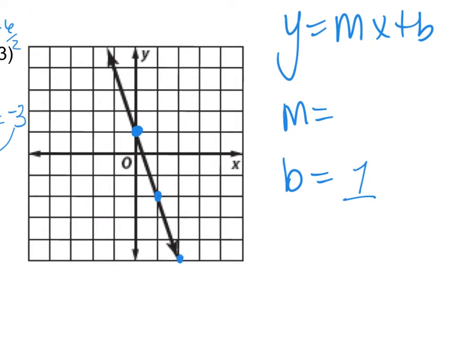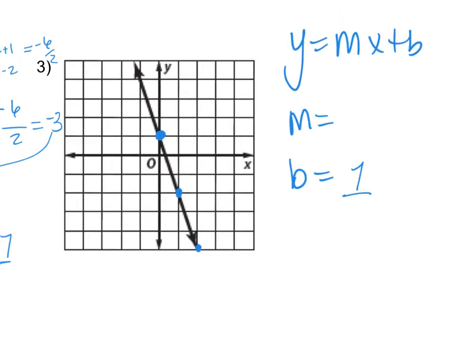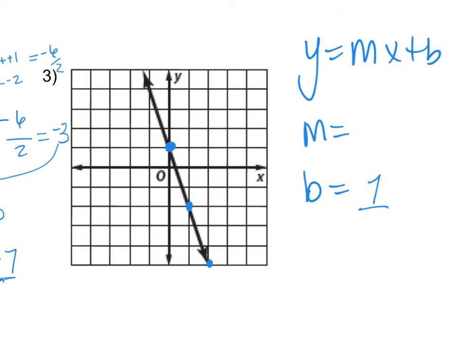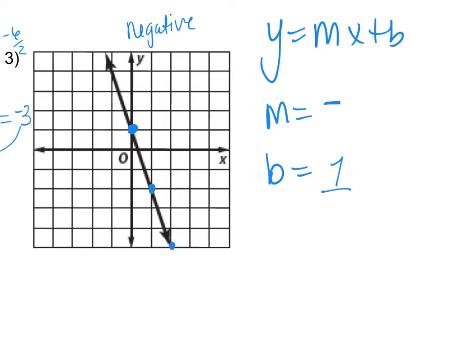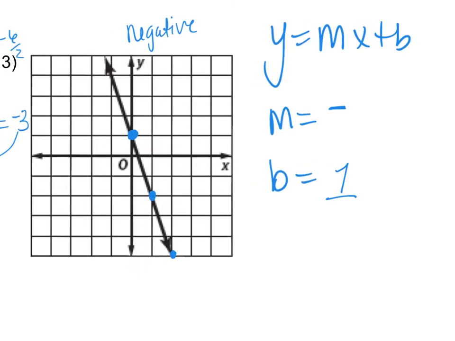Okay, what do you notice about this line, first of all, before you figure out the slope? Is it positive or negative? Negative. So whatever I figure out my slope to be, it's going to be negative. Now find your vertical change over your horizontal change.